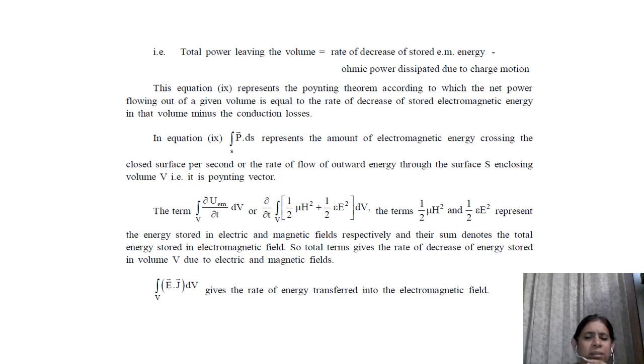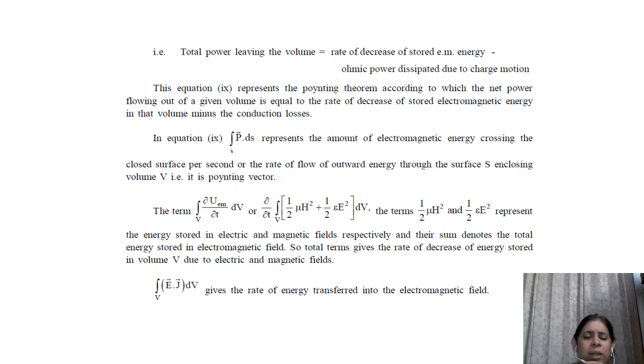So this equation, which is written in English, is basically the Poynting theorem, according to which net power flowing out of a given volume is equal to the rate of decrease of stored electromagnetic energy in that volume minus the conduction losses. So P dot ds, E cross H dot ds, represents the amount of electromagnetic energy crossing the closed surface per second, or the rate of flow of outward energy through the surface S enclosing volume V.